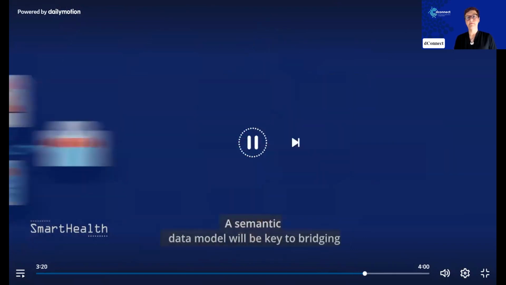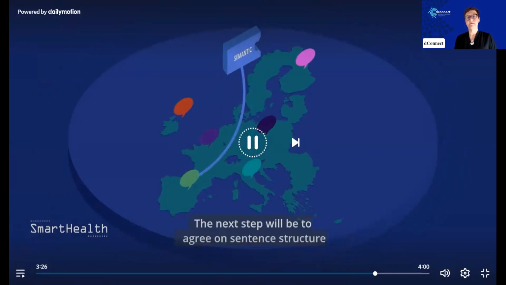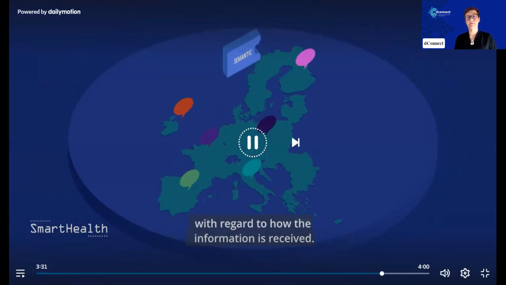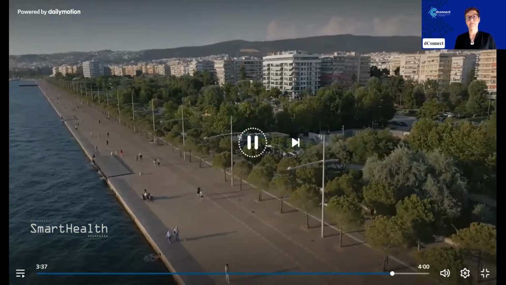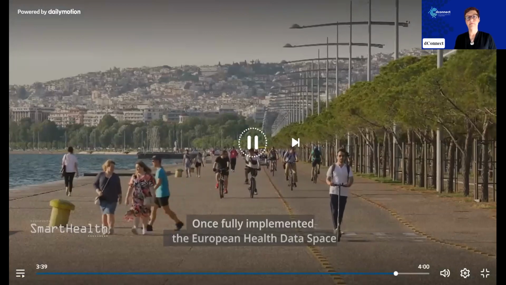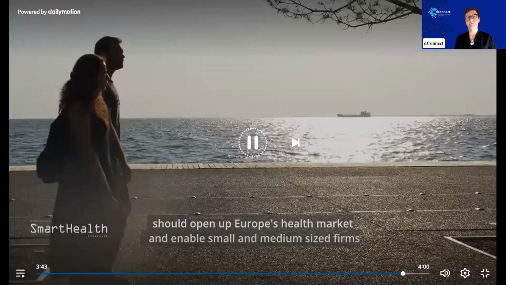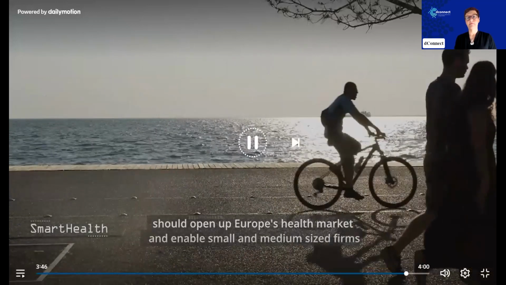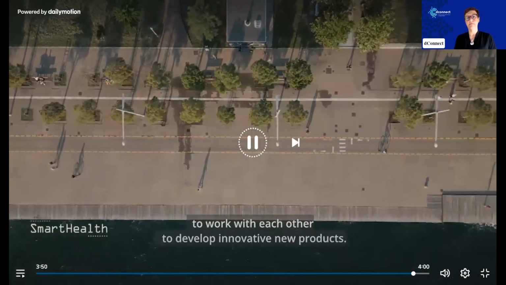The semantic data model will be key to bridging the terminology gap between various healthcare software systems. The next step will be to agree on sentence structure with regard to how the information is received. Once fully implemented, the European health data space should open up Europe's health market and enable small and medium-sized firms to work with each other to develop innovative new products.